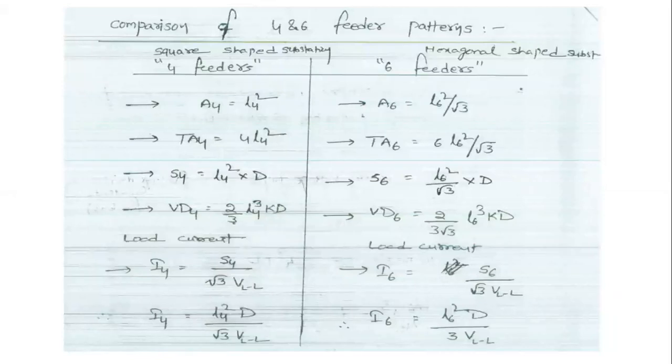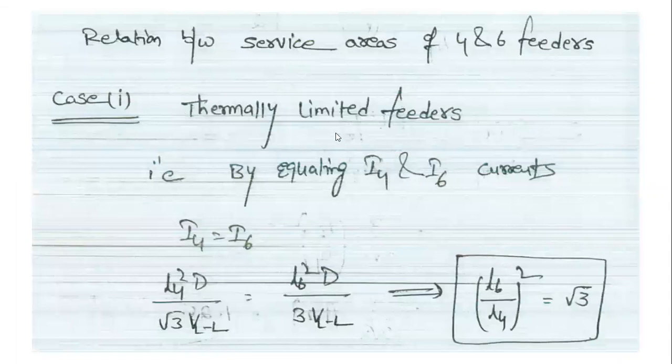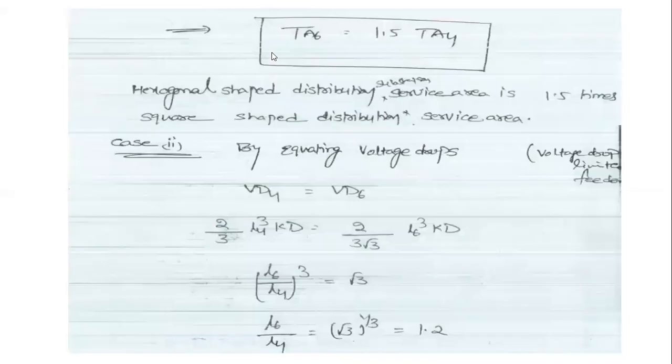We are considering 2 cases. Case 1 is the thermally limited feeder, that is I4 is equal to I6. While observing this case 1, we observe that TA6 is equal to 1.5 times TA4. Next, coming to case 2, what is case 2?